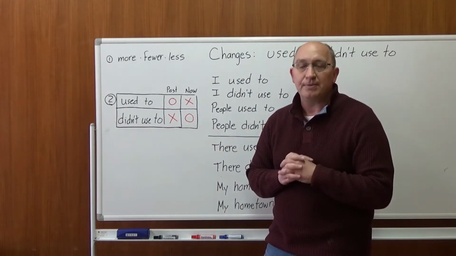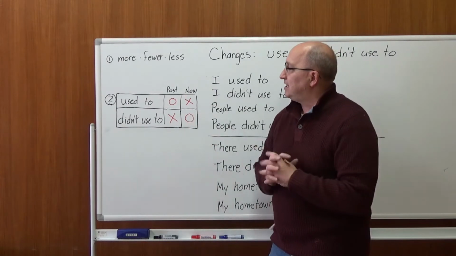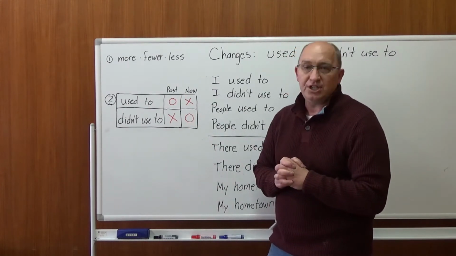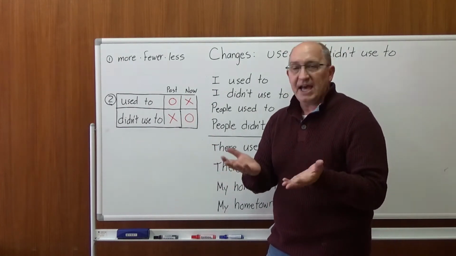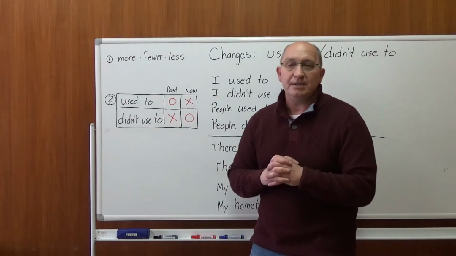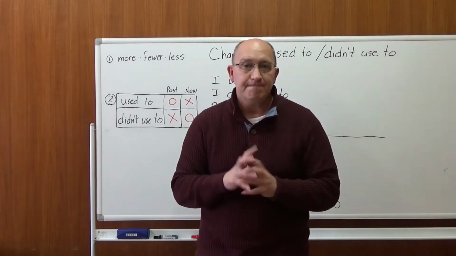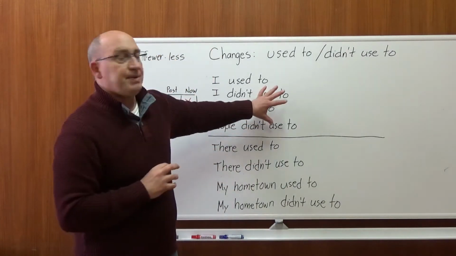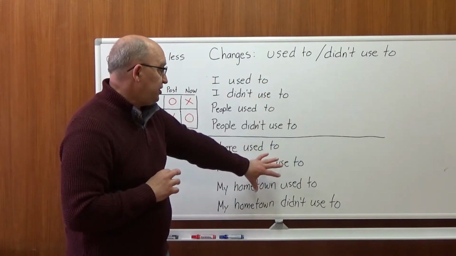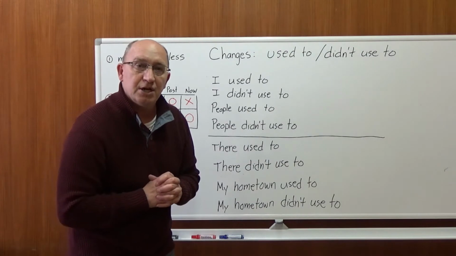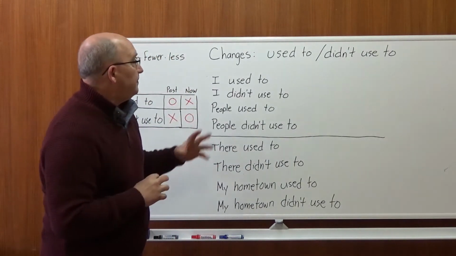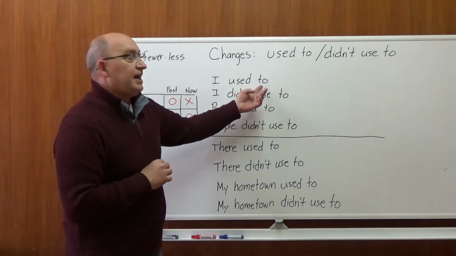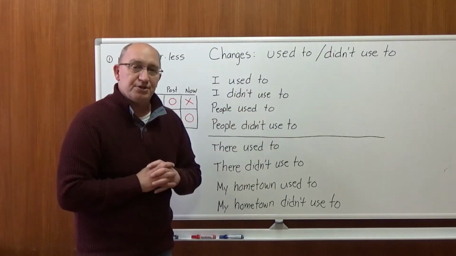Now, we'll give some examples. We use this pattern, used to and didn't used to, to compare the past and now, which is talking about a change. Now, I want to talk about two cases. Changes maybe with people, and changes maybe with places.